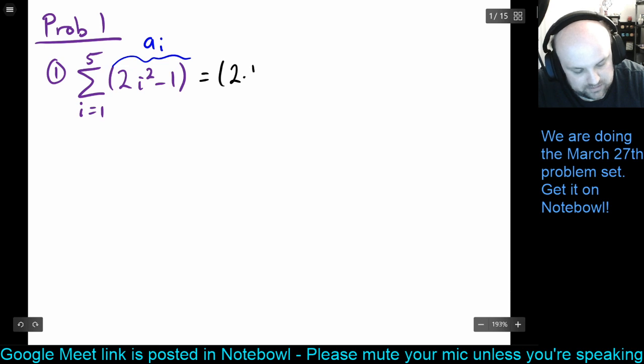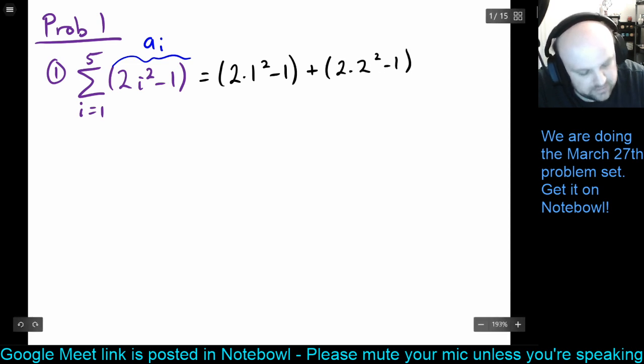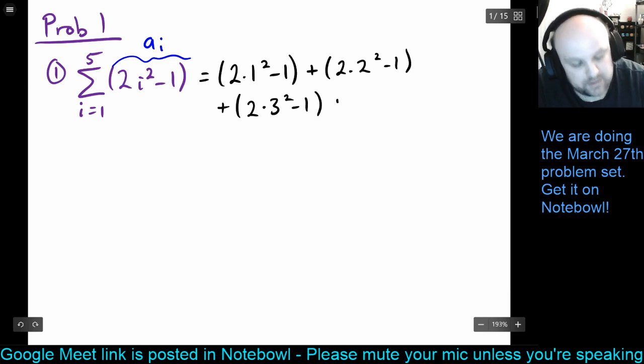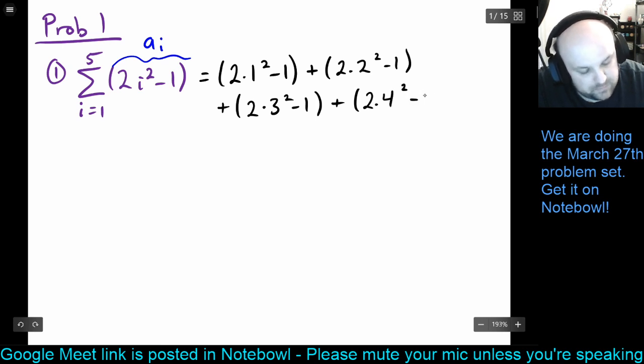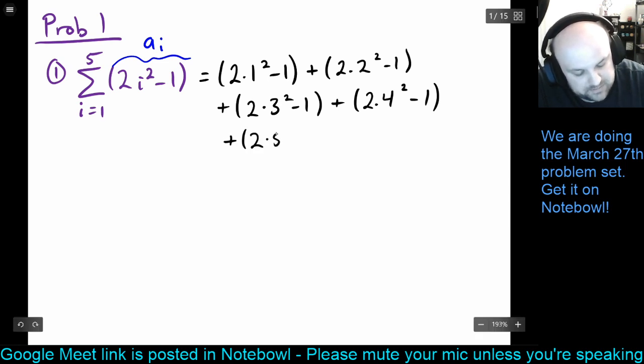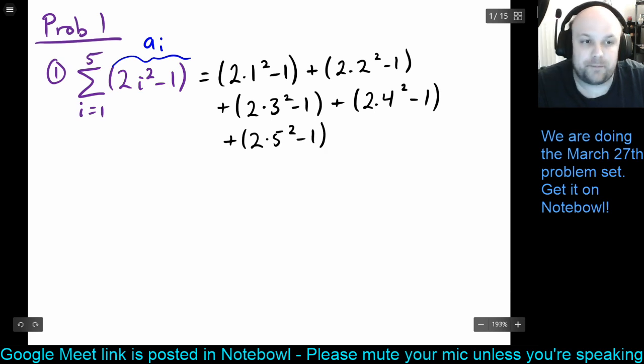So 2 times 1 squared minus 1, plus, go to the next number, which is 2: 2 times 2 squared minus 1. Go to the next number, which is 3: 2 times 3 squared minus 1. Plus, the next number, 2 times 4 squared minus 1. And finally, the last number is 5, so we get to do one more: 2 times 5 squared minus 1.